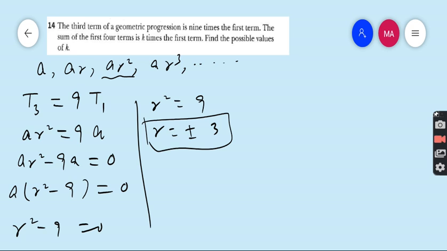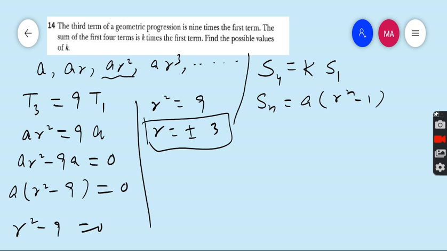Now I am reading the question again. The third term of a geometric progression is 9 times the first term. The sum of the first 4 terms, this is the second part, is k times the first term, or you can say k times S1. Because r is greater than 1, we will use the formula Sn equals a(r^n minus 1) upon r minus 1.